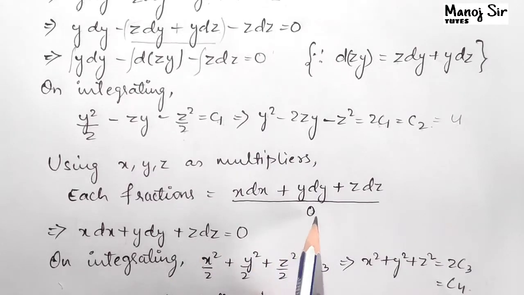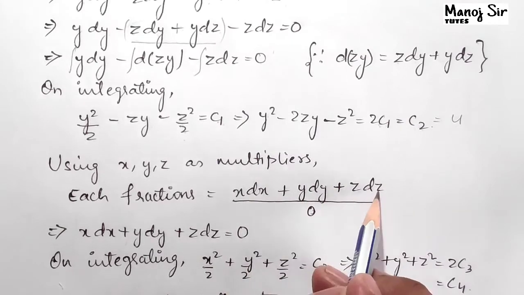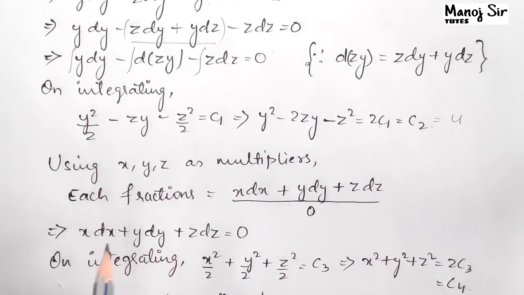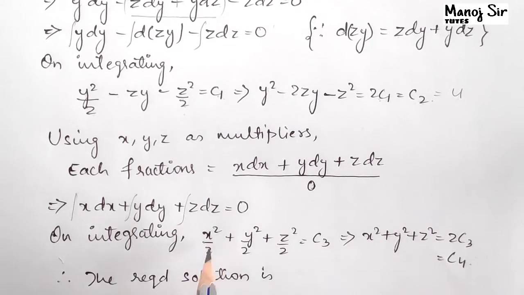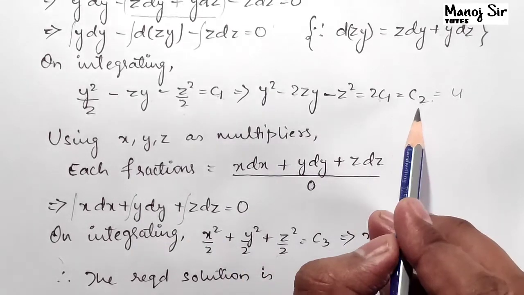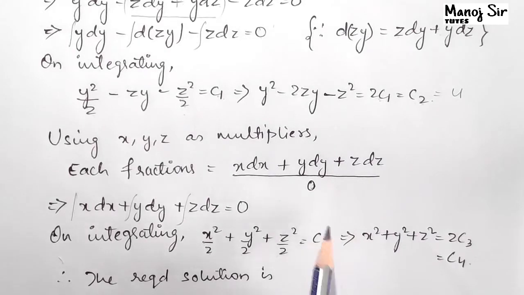Now taking this 0 to the left hand side, you will get x dx plus y dy plus z dz equals 0. After achieving this point, we need to integrate. On integrating, we get x square upon 2 plus y square upon 2 plus z square upon 2 equals, here we used c2 as integration constant, so here we are going to use c3 as a new integration constant.